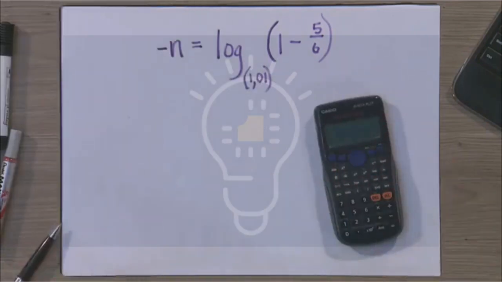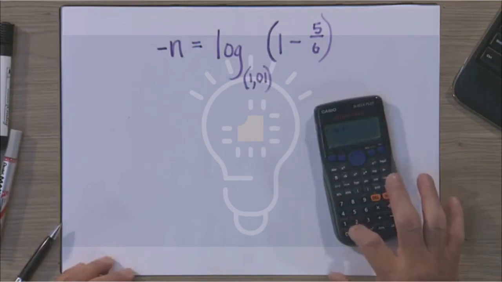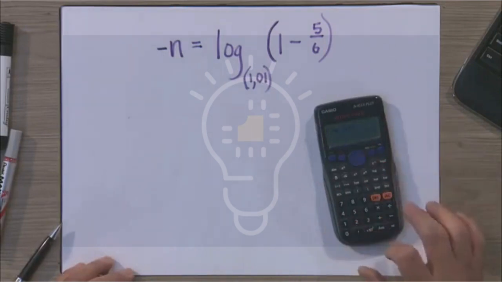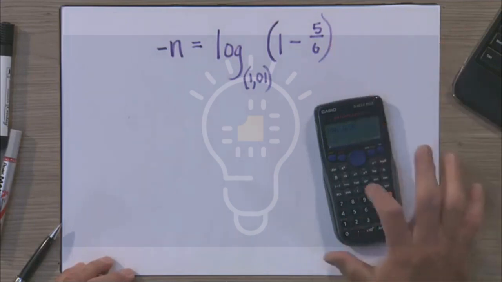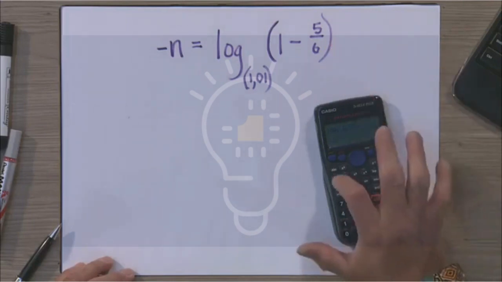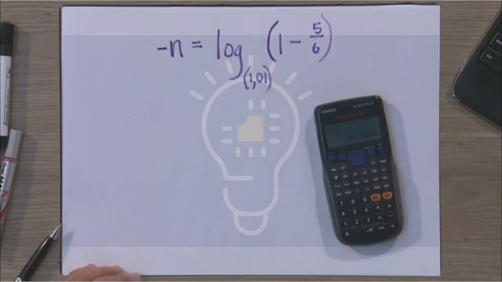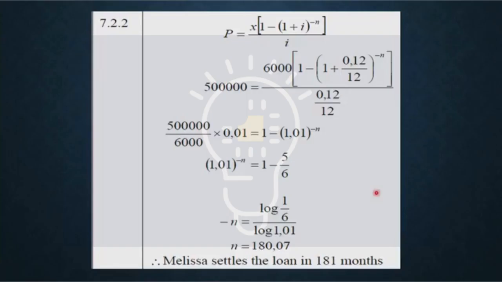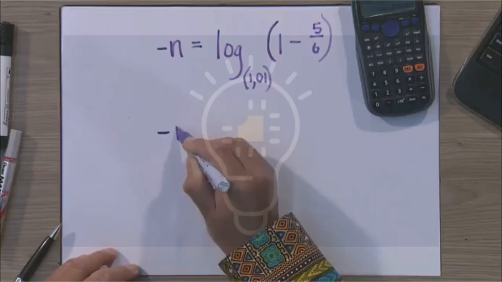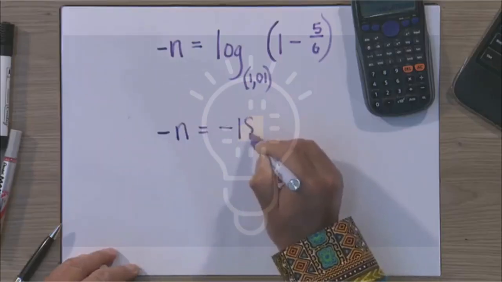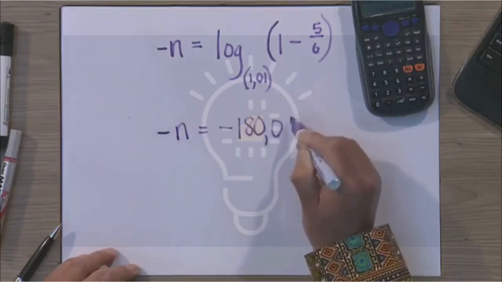So when we cancel that, on my calculator now, I press my log button. I'm going to enter 1,01. So that is my base. What is my number? The number in brackets is 1 minus 5/6. And when I enter that, there you see the answer, minus 180,07. But now notice minus n is equal to minus 180,07.